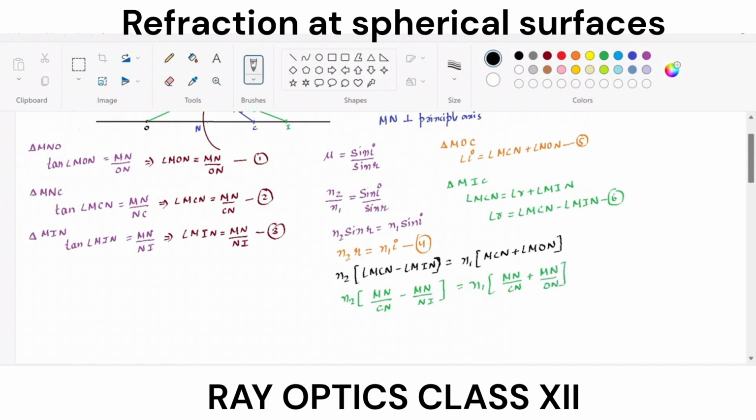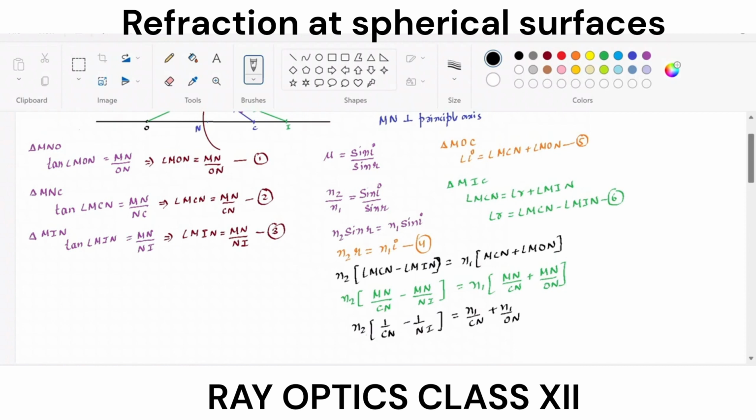Now let's simplify further. If you look at this, all of them have MN in the numerator, so we can divide the whole equation by MN. So what are we left with? n2 into 1 upon CN minus 1 upon NI is equal to n1 upon CN plus n1 upon ON. I hope this is clear.